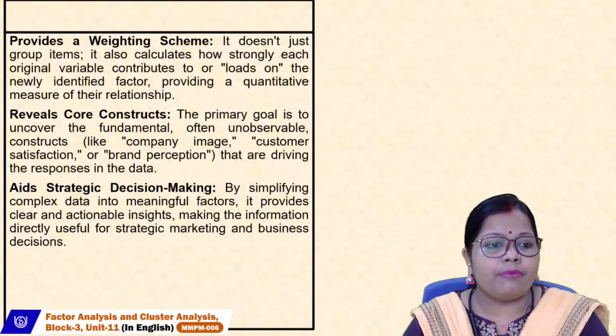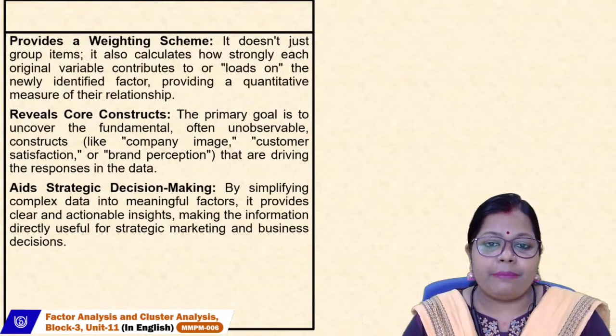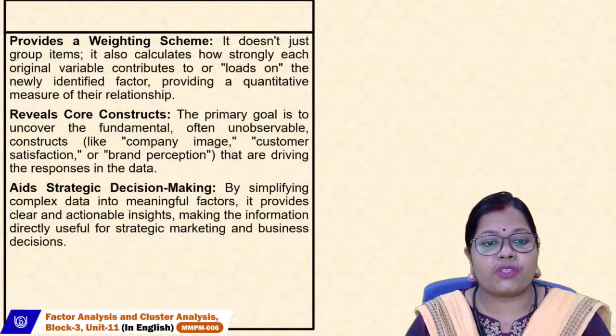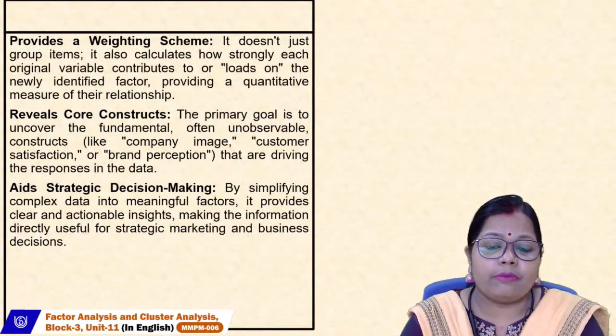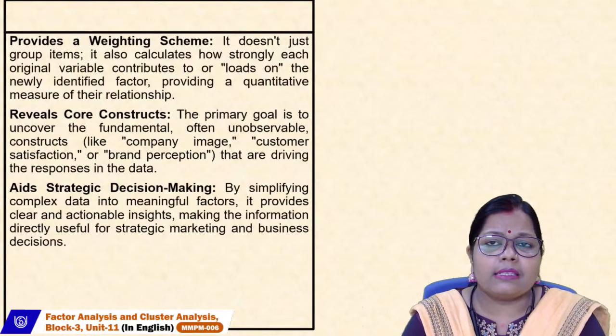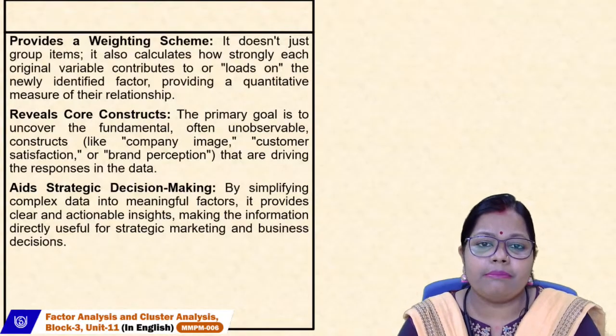Then the fourth one is that it reveals the core constructs. The primary goal is to uncover the fundamentals of unobservable constructs. Here I would like to cite one term: latent variables. No doubt we have collected data and assigned a few variables for the data set, but there are things which are not directly observed.